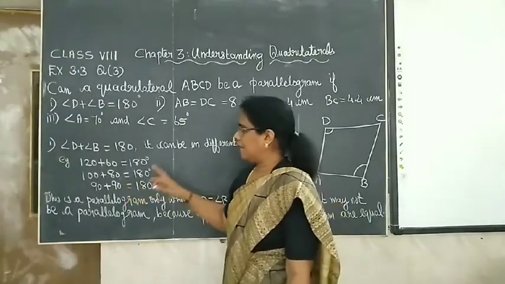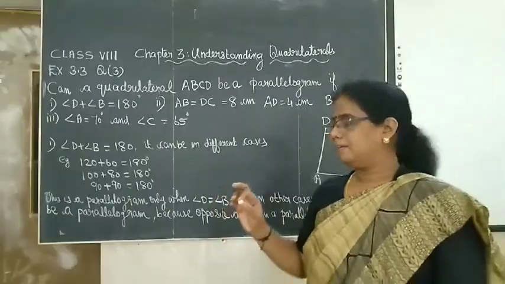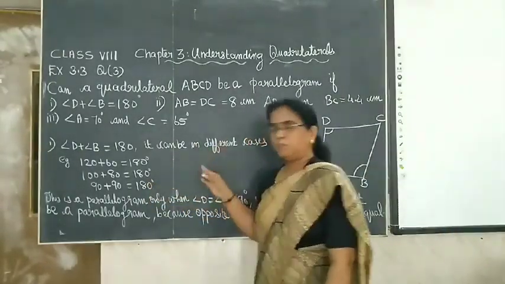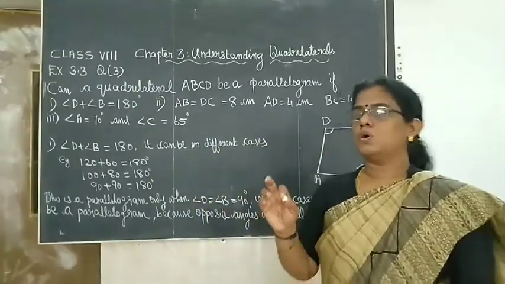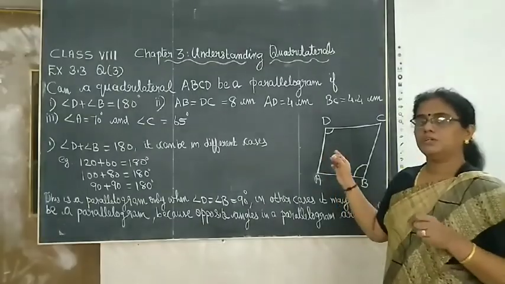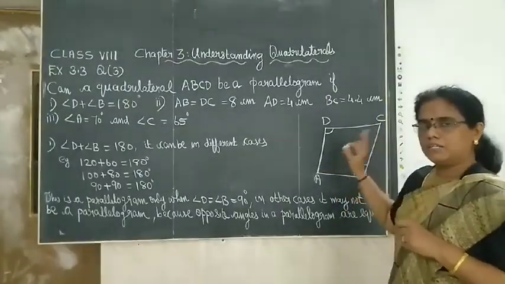But in the case where angle D equals angle B, it is only when the measurement is 90. And by the property of a parallelogram, opposite angles are equal. We discussed in the last video that opposite angles of a parallelogram are equal.